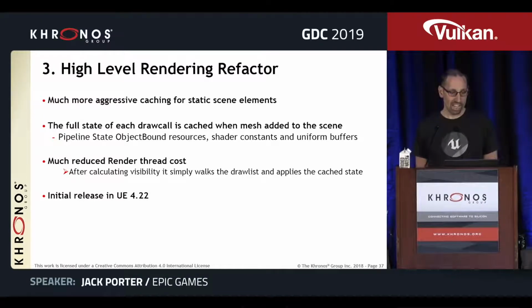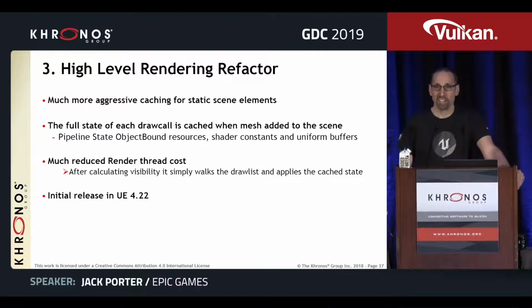So the full state of each draw call, including the bound objects that are needed to render, are cached, so the render thread cost is largely reduced, and after calculating visibility, we just need to walk the draw list and apply that state. This is also coming to Unreal Engine early next week. And because the Fortnite and Unreal Engine code bases are so close, these advantages are coming to Fortnite very soon.